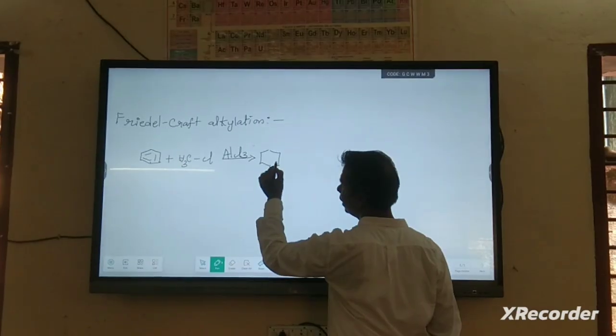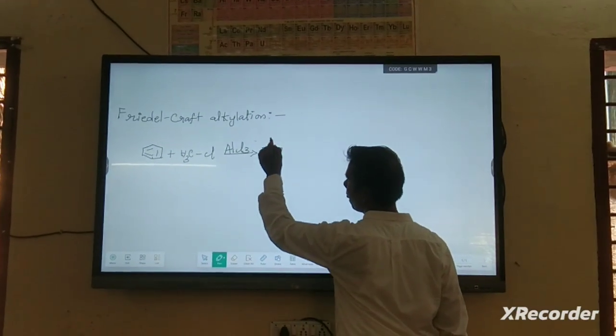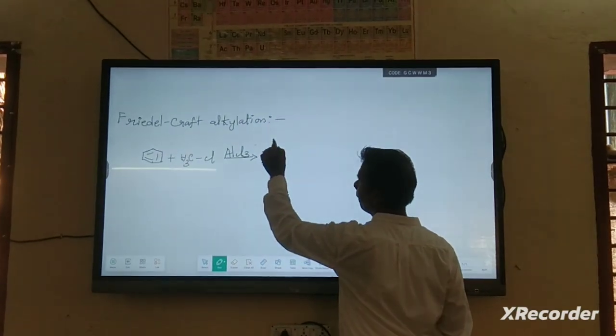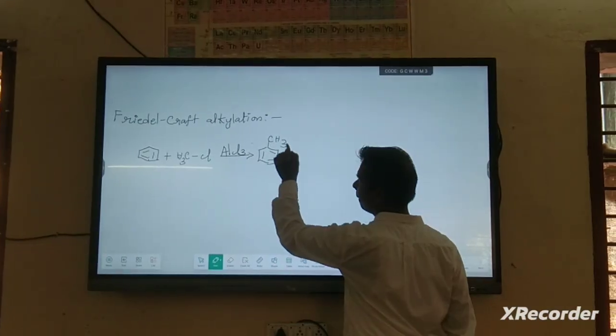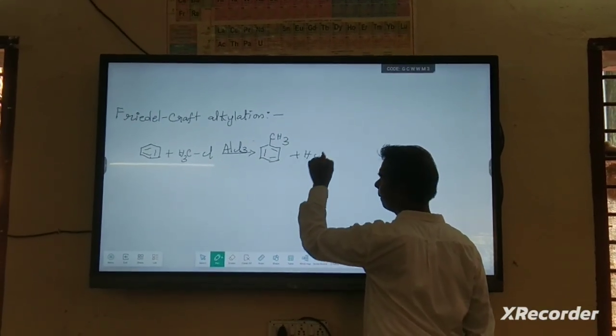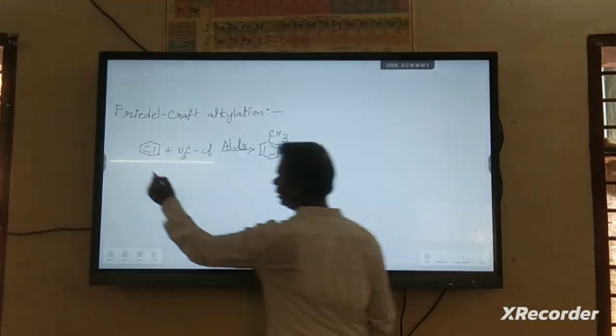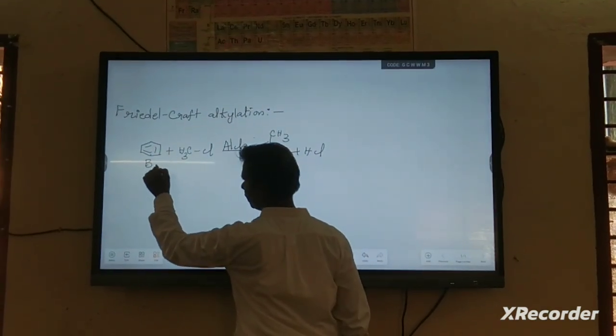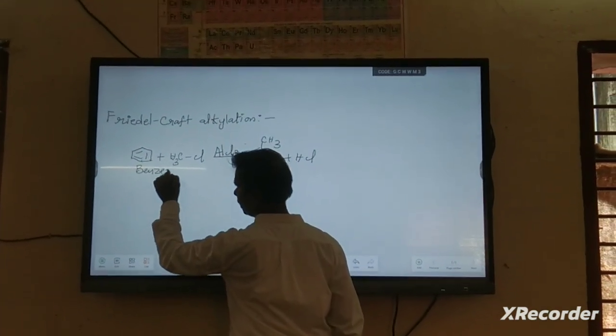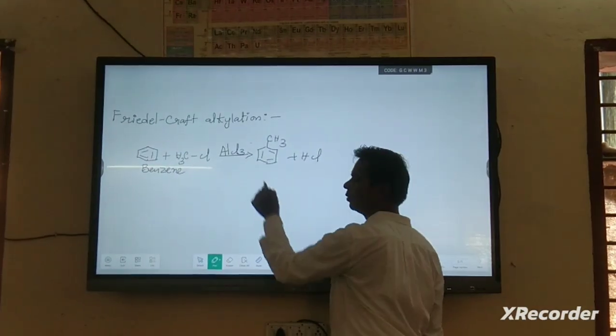For example, here you can see this is the benzene, and what is the name of this?